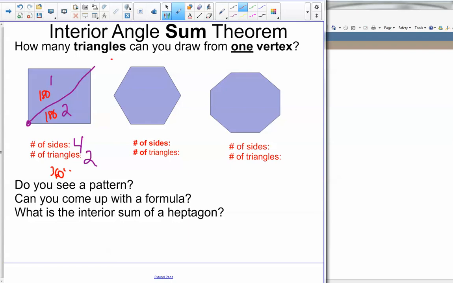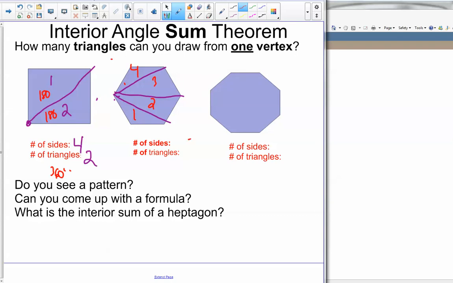So I'm going to come up here. Draw a diagonal here, diagonal here, and diagonal there. So I have 1, 2, 3, 4 triangles. Well, how many sides do I have?